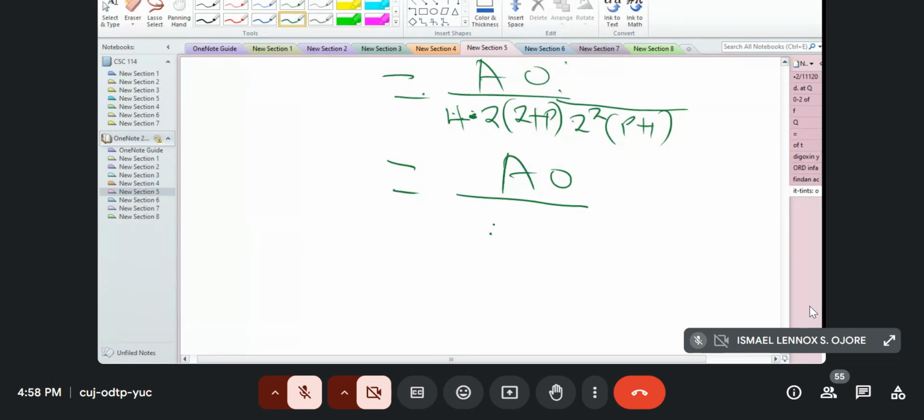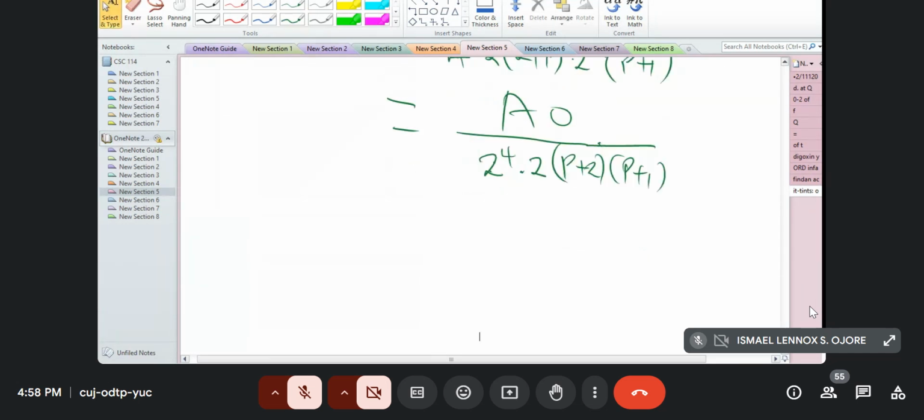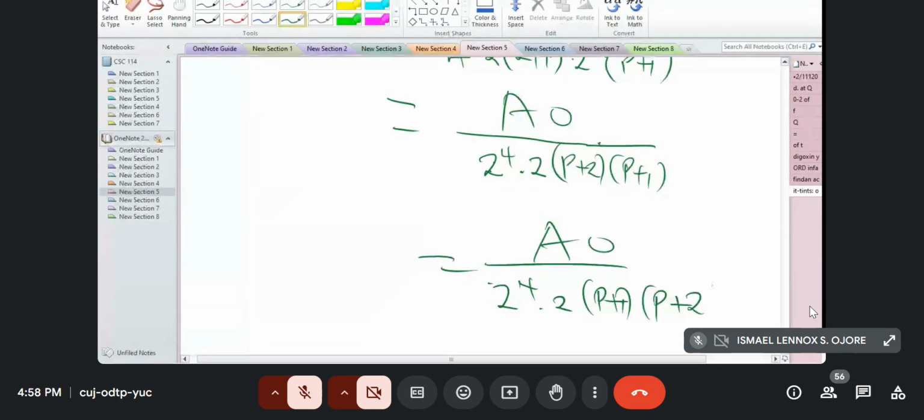The 2 squared, you have 2 power 4 times 2 times P plus 2, P plus 1. We can actually start with P plus 1 first. So we have positive A naught divided by 2 power 4 times 2, then times P plus 1 times P plus 2.